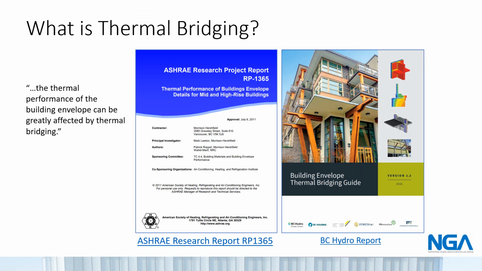Thermal bridging occurs when building exterior cladding or structural components with high thermal conductivity penetrate or bypass insulation, creating a path of least resistance for heat transfer. ASHRAE Research Report RP 1365 says, the reduced thermal resistance due to thermal bridging through steel and concrete framing can have a significant impact on the whole building energy performance.